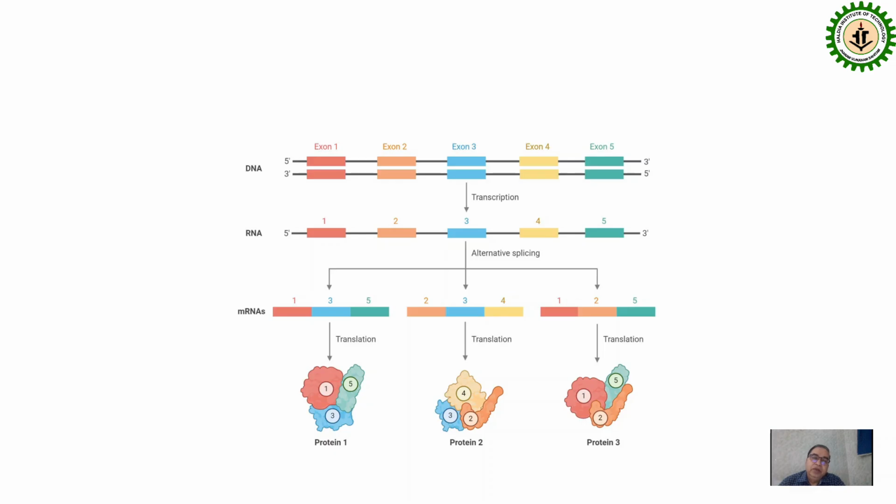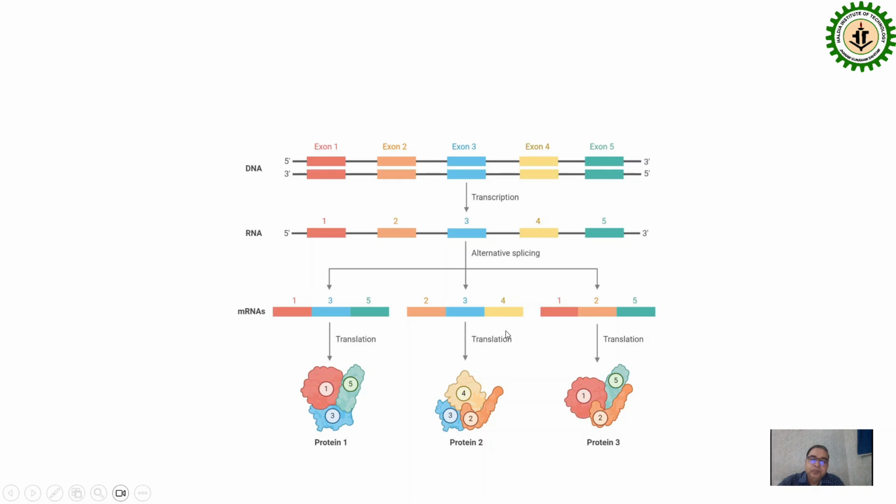In the second one, exon 1 is missing, exons 2, 3 and 4 are there, and exon 5 is again missing. That also results in a truncated protein having the coding sequences for exons 2, 3 and 4.